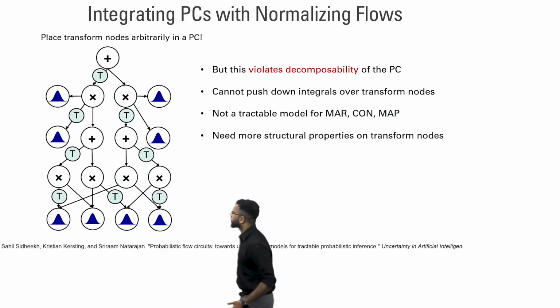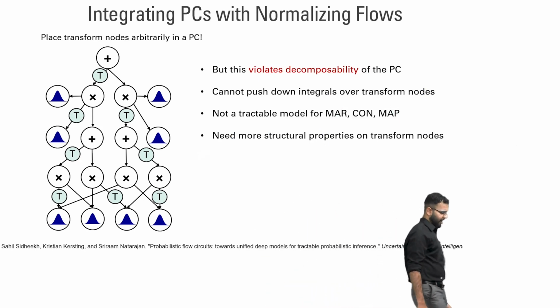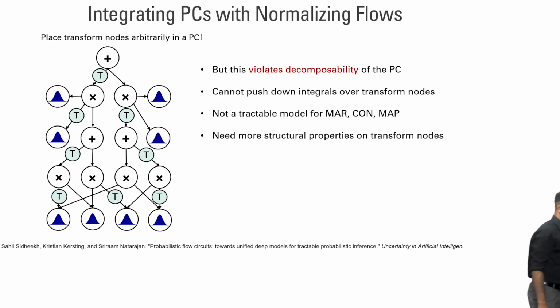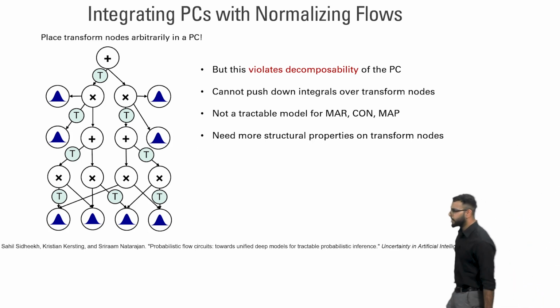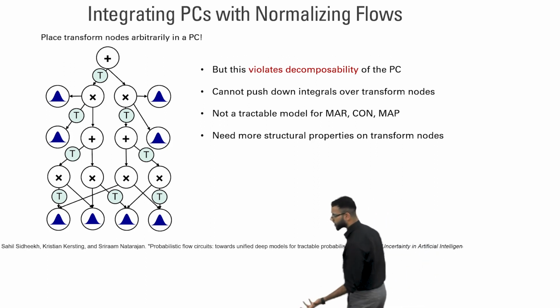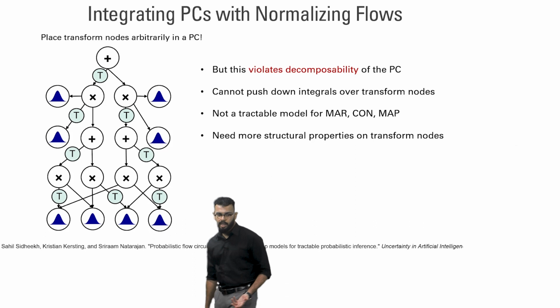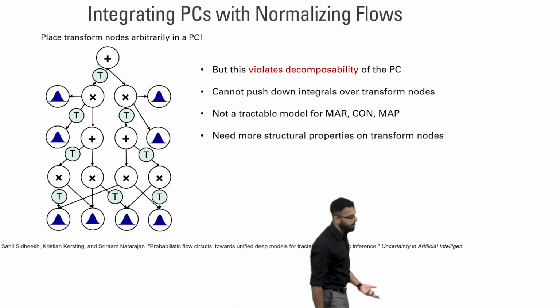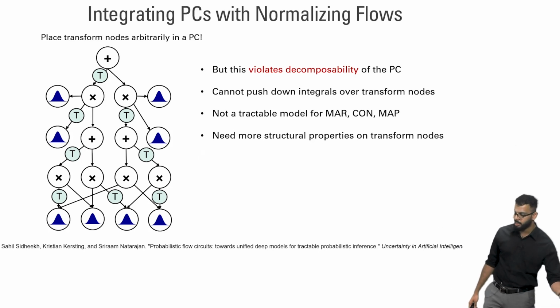But obviously the question is, if I'm not defining any other structural restrictions on this, then isn't it as good as a normalizing flow? Because I'm adding normalizing flow nodes in between a PC. How can I get the same tractability of a PC and the expressivity of a normalizing flow without losing anything? It just doesn't make sense, right?